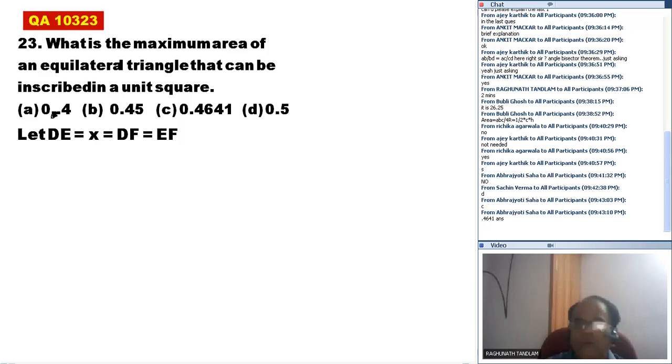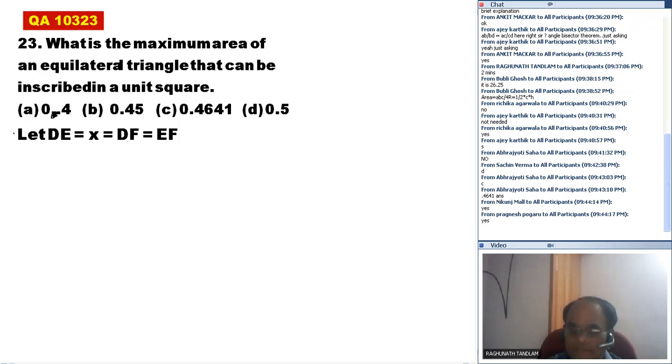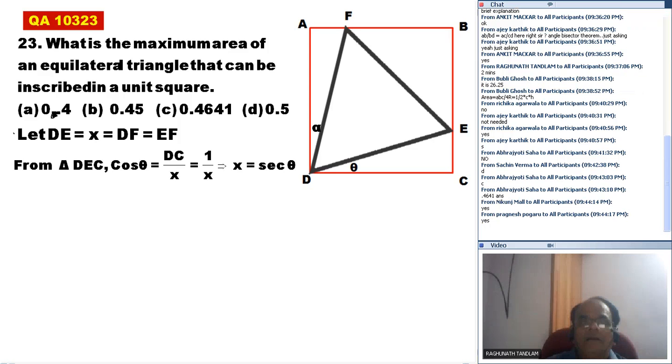How do we do this question? Shall we discuss? Yes. Now, an equilateral triangle inscribed in a square like this.